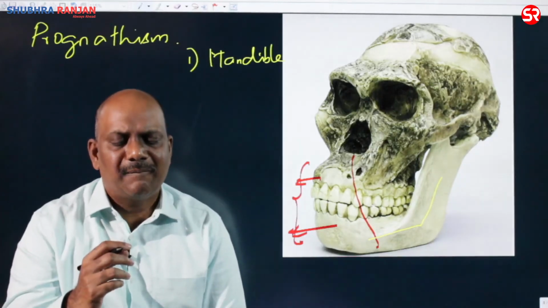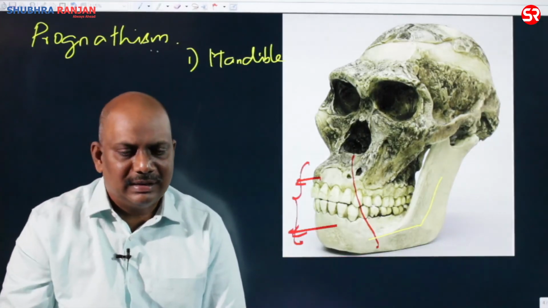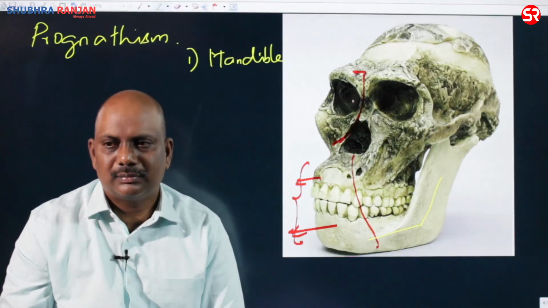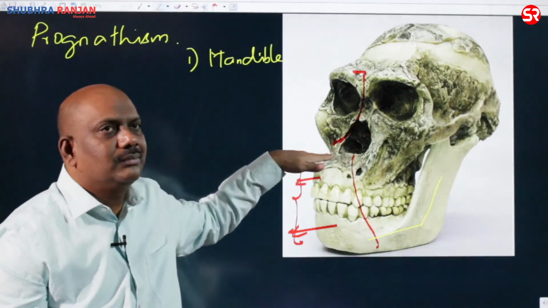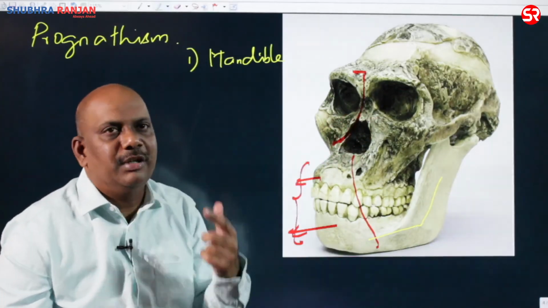Along with that, even the nasal bridge, this region. See, this region is a bit depressed for Australopithecus. This particular portion is called the nasal bridge.